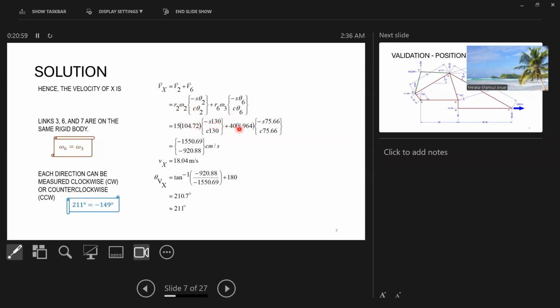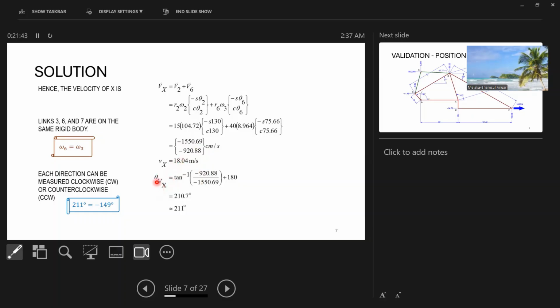And then just plug in the numbers, and since omega 3 is known and omega 6 is equal to omega 3, everything in the same body will have the same omega, so everything is already known, and we get this one, 1550.69 and negative 920.88. And we can convert it into meter per second by dividing by 100. So this is the scalar value after taking the root sum square of the components.